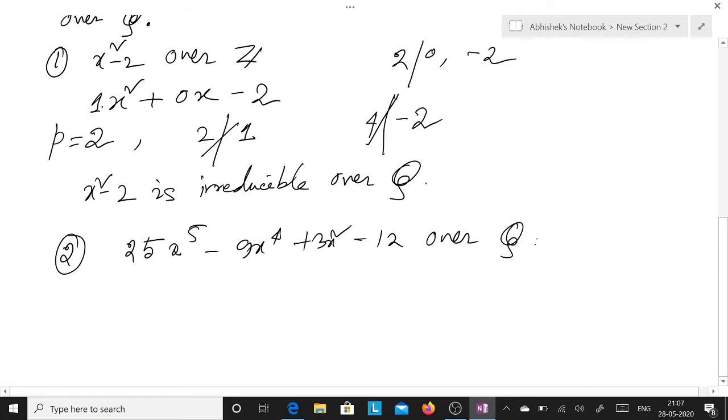Then what to do? We need to apply the Eisenstein test for irreducibility.